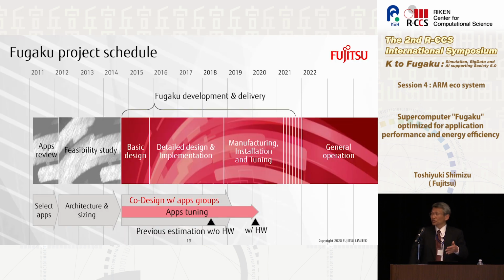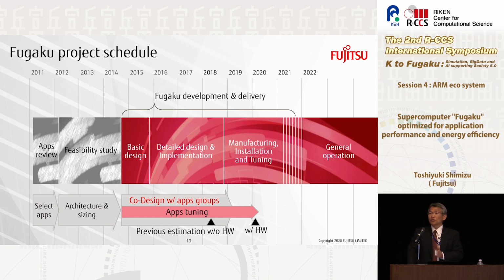Okay. So we'd like to evaluate how accurate the estimation of performance and power is. You can see that the two points are around 2018 and 2020. So 1.5 years before, we evaluated the performance and power without hardware.